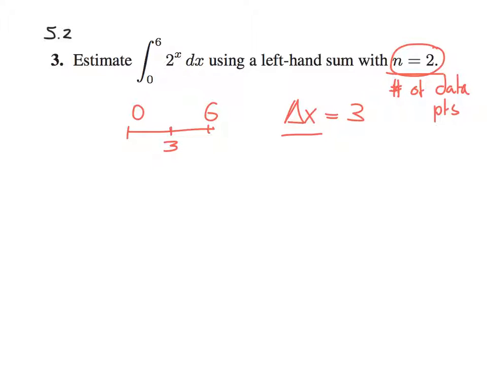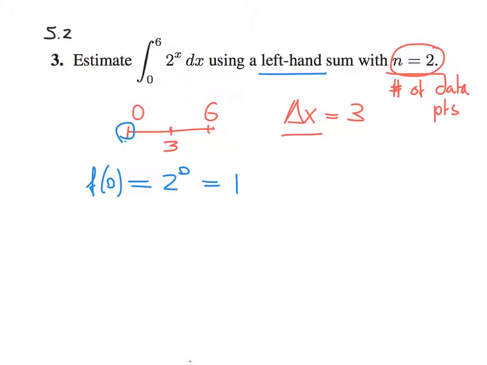So we have delta x equal to 3, and we are required to compute a left-hand sum. So our first data point would be the left end of our interval. So that's where we would start. We would first compute f of 0, which is 2 to the 0, which is 1.